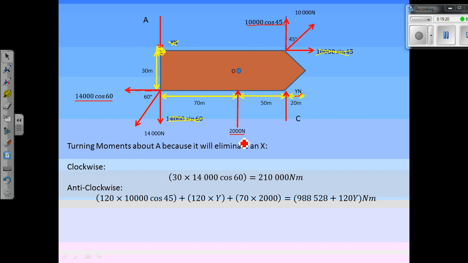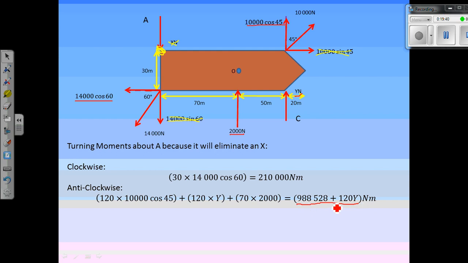And 70 times 2,000, that's the clockwise moment, which simplifies to 988,528 plus 120y. Again, it doesn't matter where our pivot point is, our overall moment is going to be 1.6 million Newton meters.